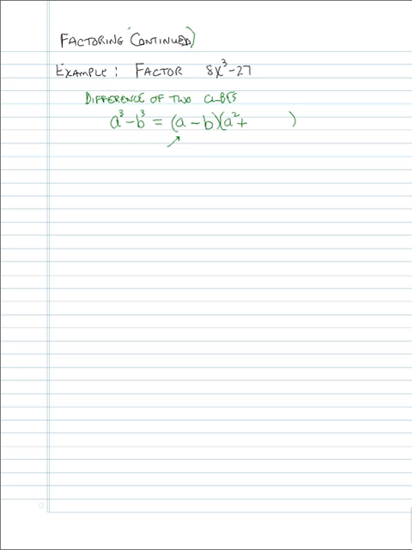Here, when the sign of the binomial is minus, the first operation in the trinomial is a plus. So this sign is opposite the sign in the binomial, and that will work in both cases. And then in the middle term, what we have is just a times b.